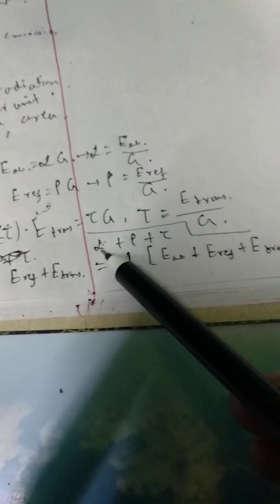So if we substitute this in place of G, you can see that the numerator and denominator will cancel out, and this will be equal to 1. So these are the three surface properties associated with irradiation. The summation of alpha, absorptivity, reflectivity and transmissivity comes out to be 1. So this is all about irradiation.